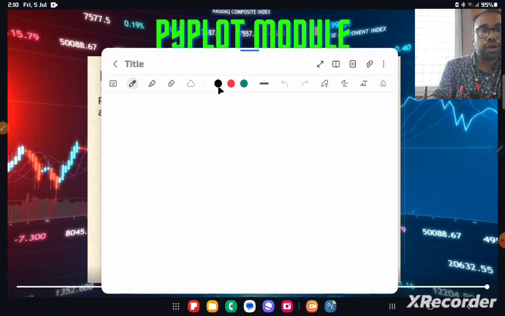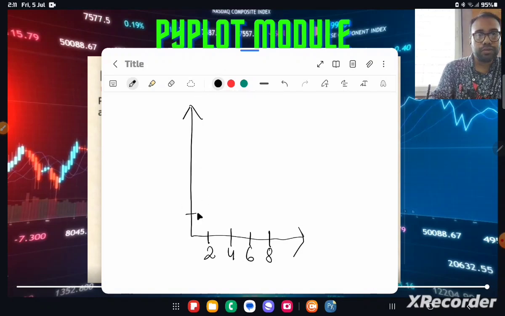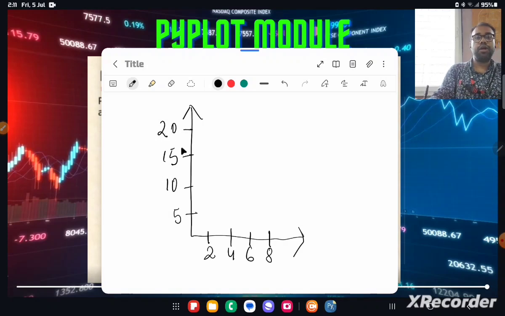If I draw a graph here, suppose this graph has different values on the x-axis, whereas on the y-axis we have these values. All of you can observe there is one pattern here, that they are all increasing by a common trend.